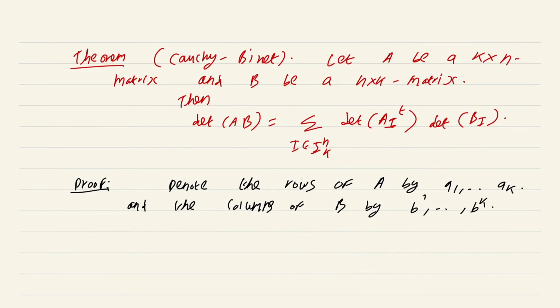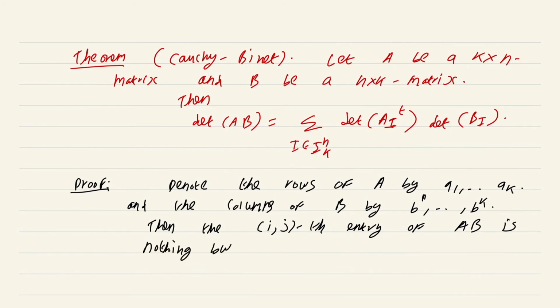Because this is an n cross k matrix, there are k columns. Then the ijth entry of AB, the product, is nothing but the dot product of Ai and Bj.